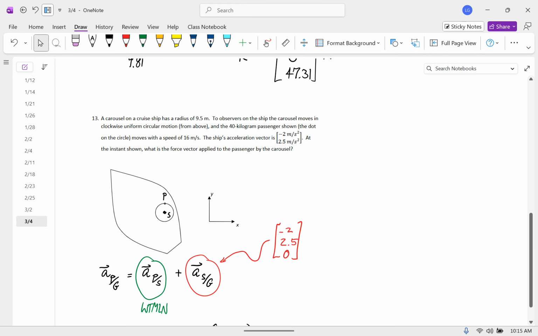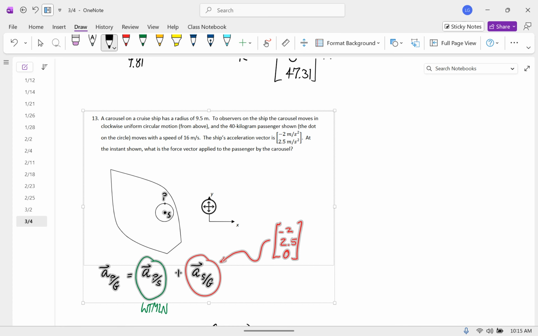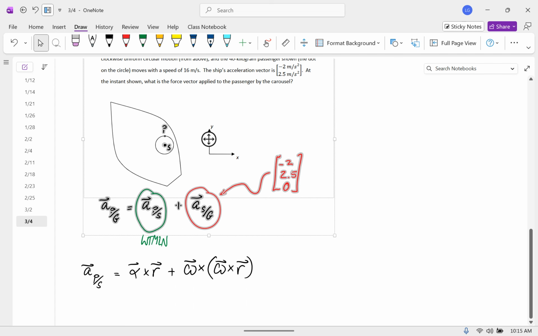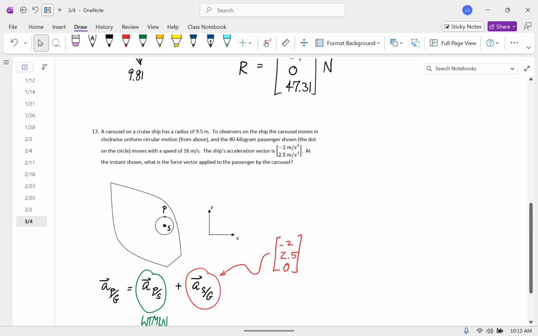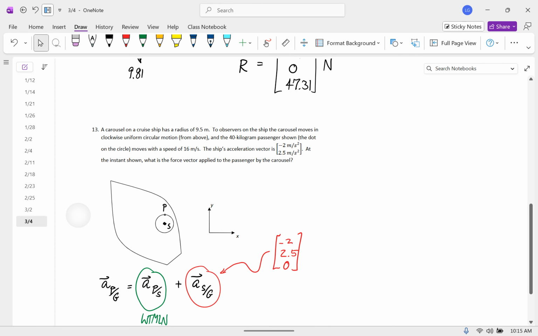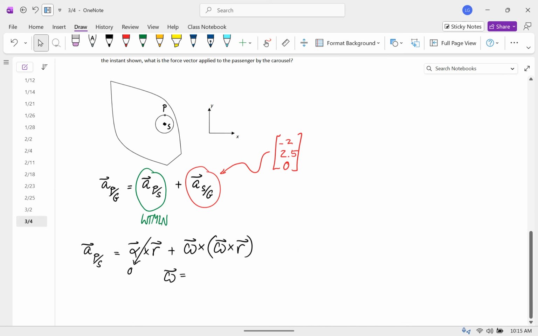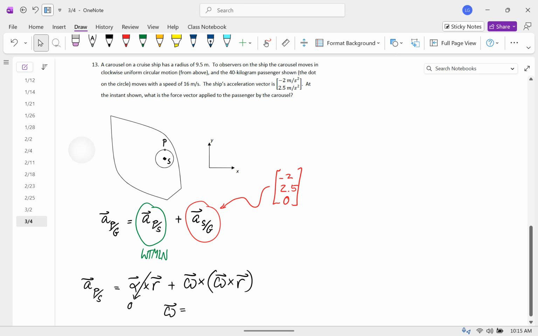And this is uniform circular motion, the carousel. That means that alpha is 0. So this goes away. And omega, clockwise uniform circular motion, we don't know what that is yet, so we have to figure that out.